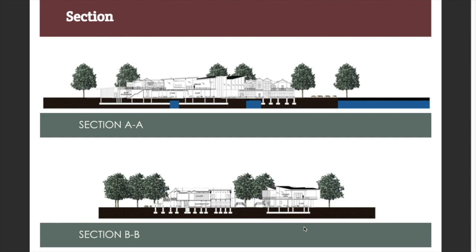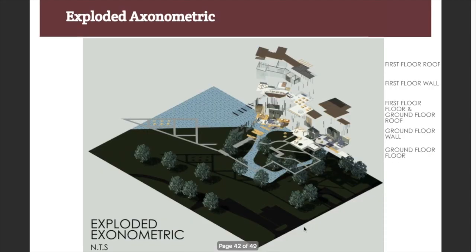This one is section A, section B, and section C. For the explode axonometric, I made it into 5 layers. The first layer is the first floor roof, the second layer is the first floor wall, then the first floor and ground floor roof, the fourth is the ground floor wall, and the last one will be the ground floor.